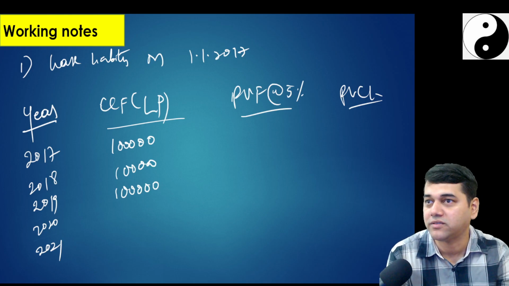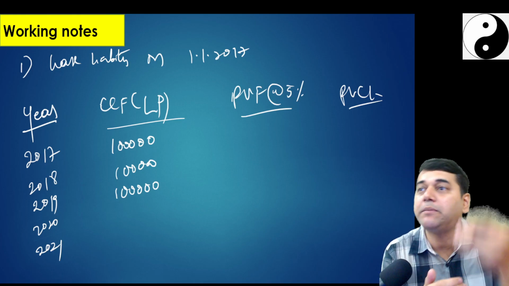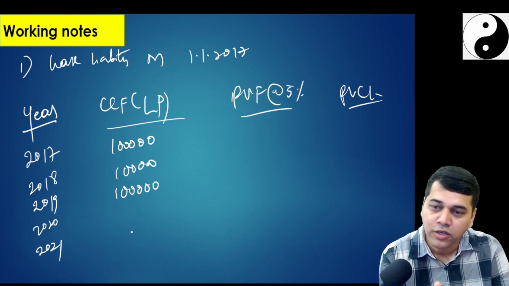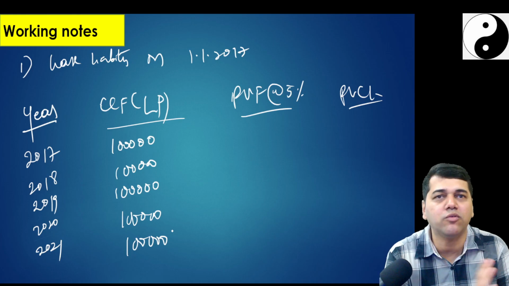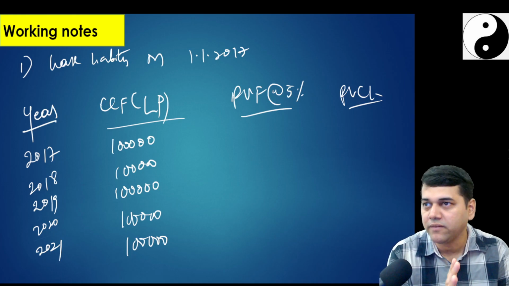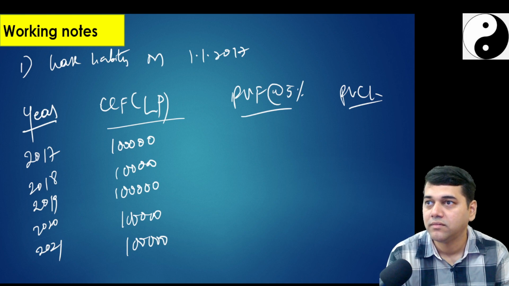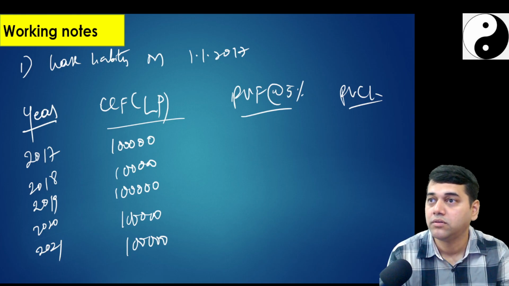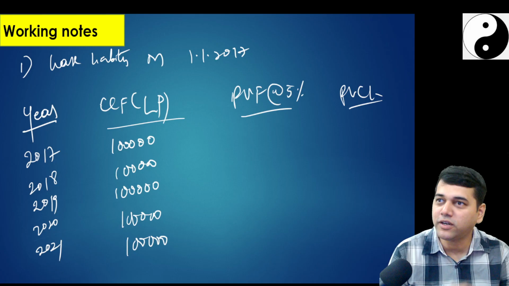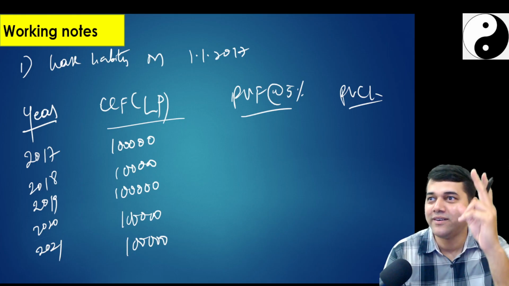In the previous question it went up every year by an increase followed. So the fourth year also it is 1 lakh. I can't estimate now what the future CPI will be. I just maintain 1 lakh every year. On day one I can only know that.